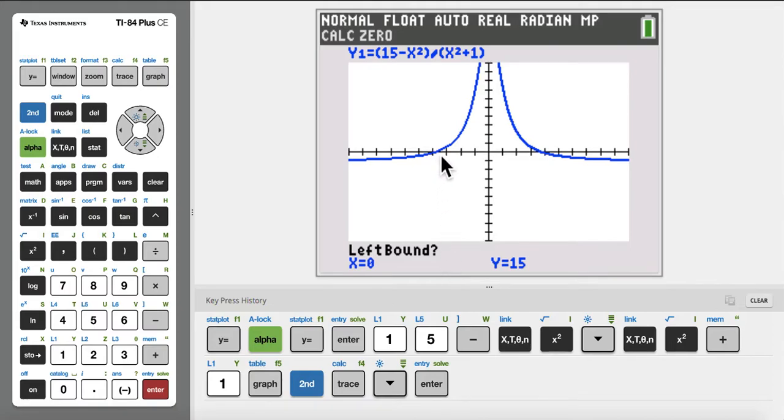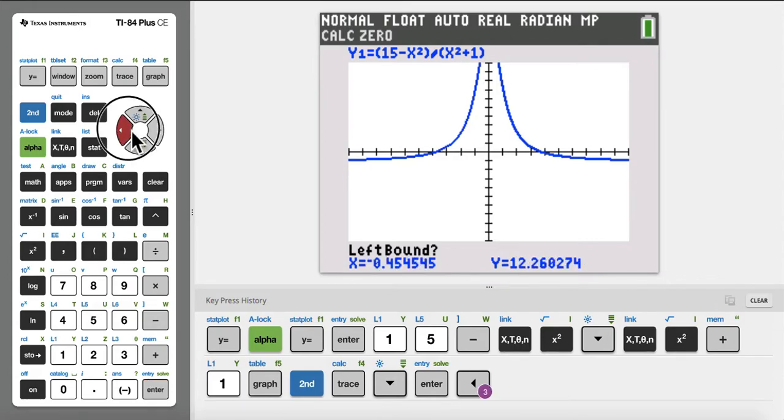Now, if I want to find this negative x-intercept, I need to get to the left of that. Now, you can do that in 2 different ways. The first way is to use your left arrow and just keep hitting it until that cursor gets anywhere to the left of our x-intercept and hit enter.